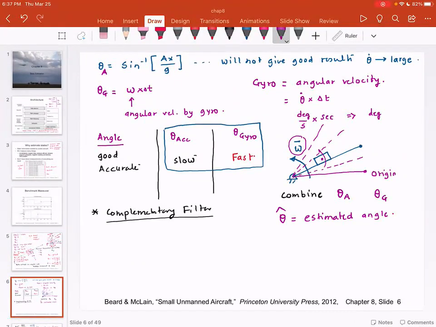I'm going to give you a minute to think about this problem because this is the fundamental problem in estimation. I have a measurement that is accurate and inaccurate based on certain characteristics. So how do I take the best of both worlds?